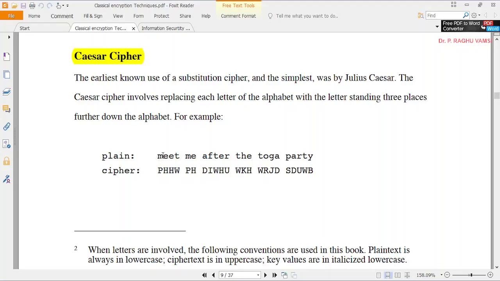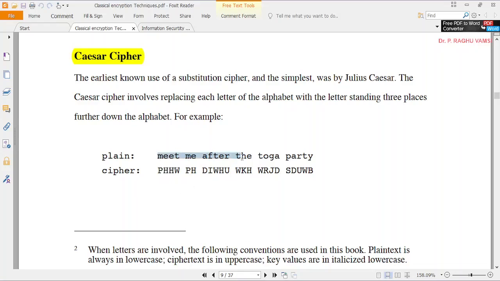M will be replaced with P, and E will be replaced with H: E F G H. E will be replaced with H. T will be replaced with W: T U V W. Next, M will be replaced with P. Like that, each letter will be replaced with the letter 3 places down. So like that, the plain text will be converted into ciphertext.